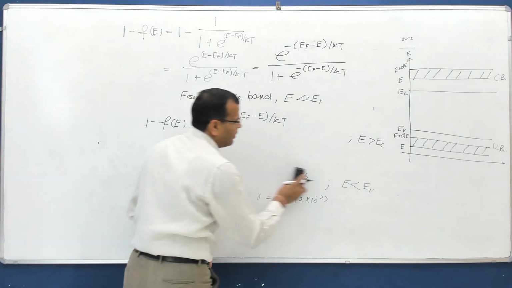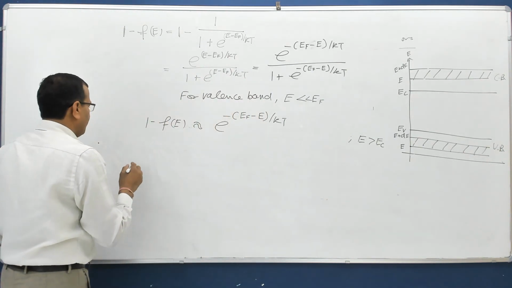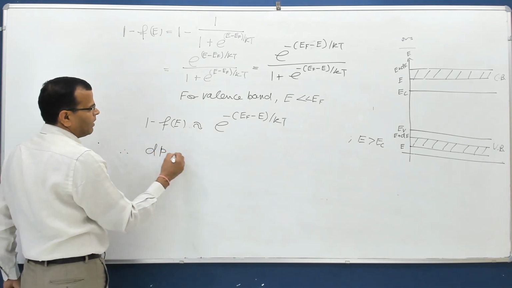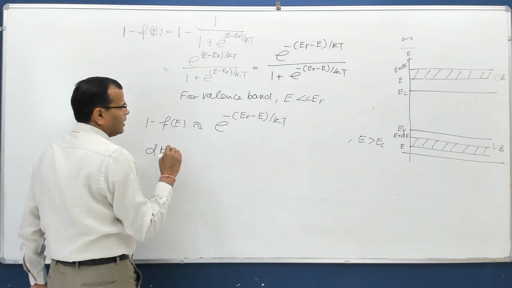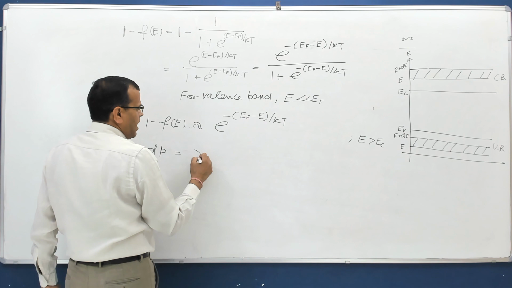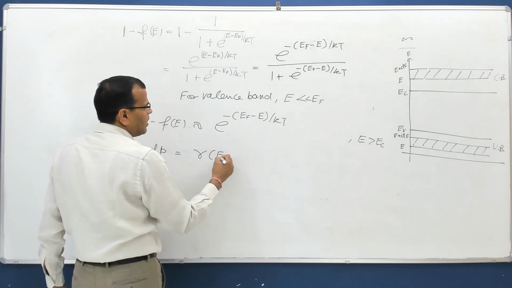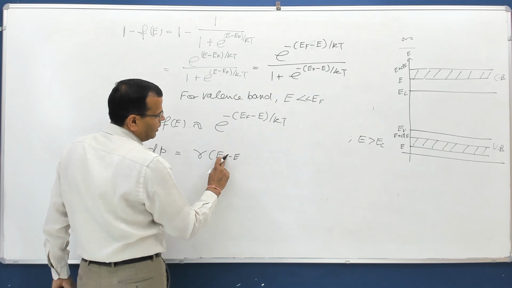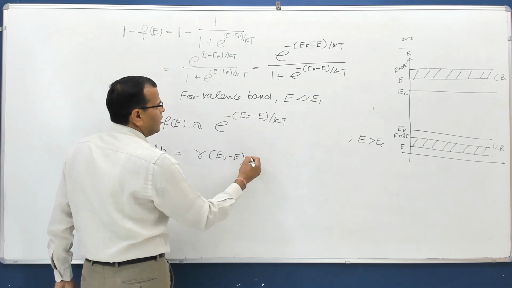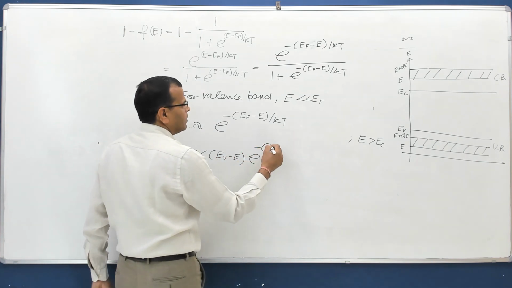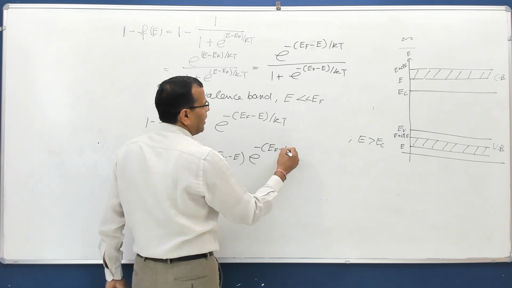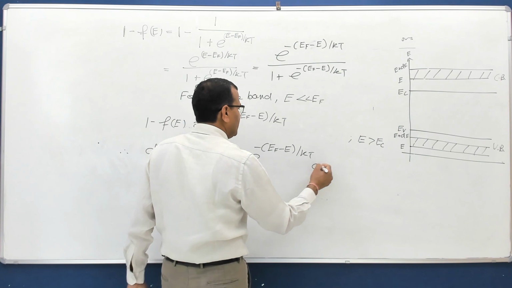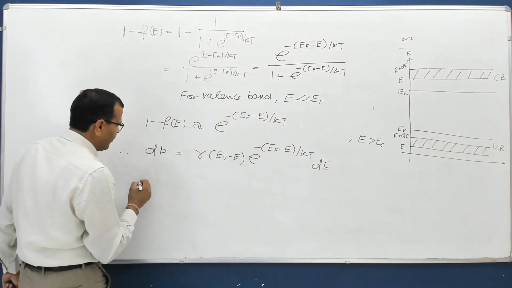Therefore, the concentration of holes in valence band can be written like this: gamma (Ev minus E) into e raised to power minus (Ef minus E) by kT into dE. Now you can integrate it.